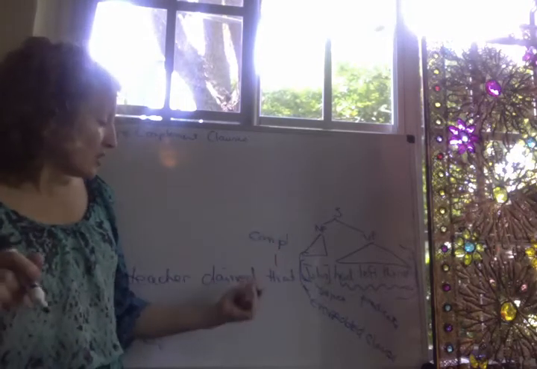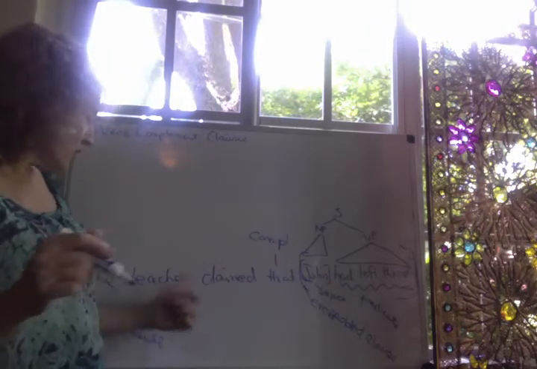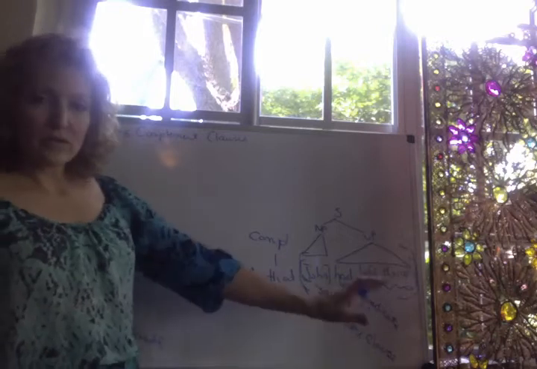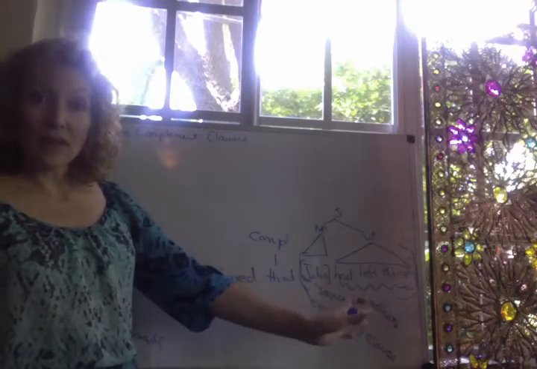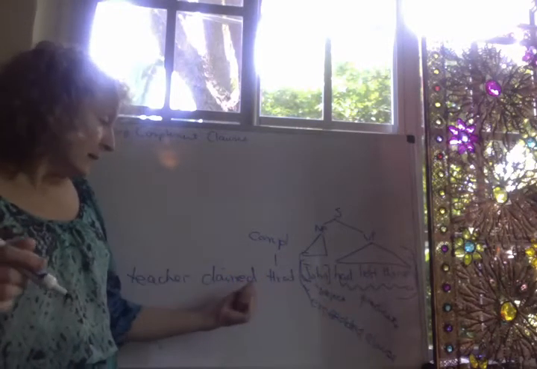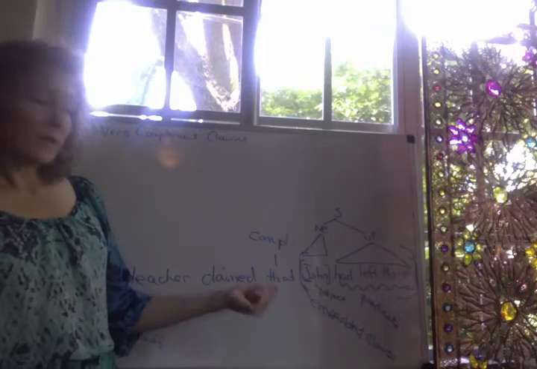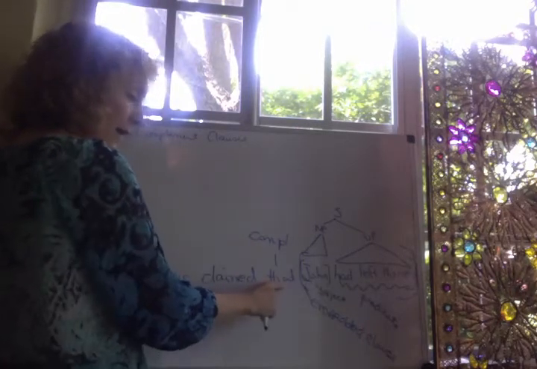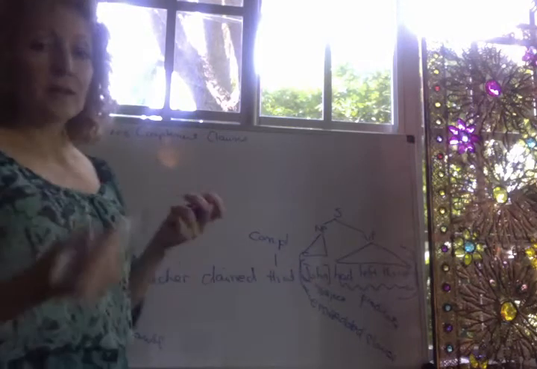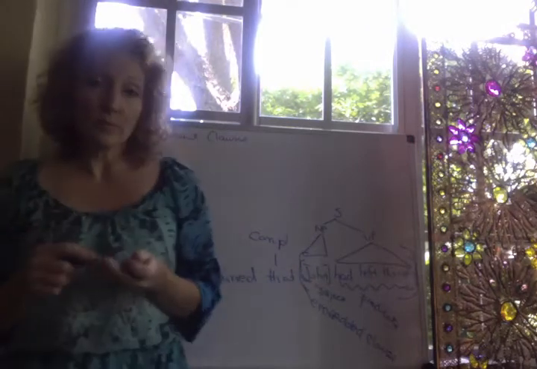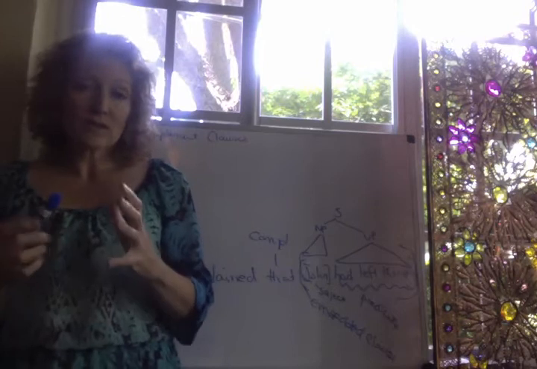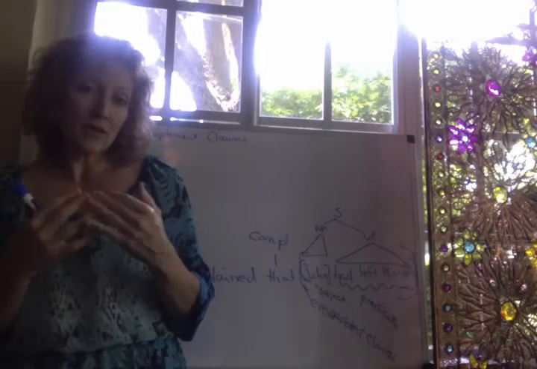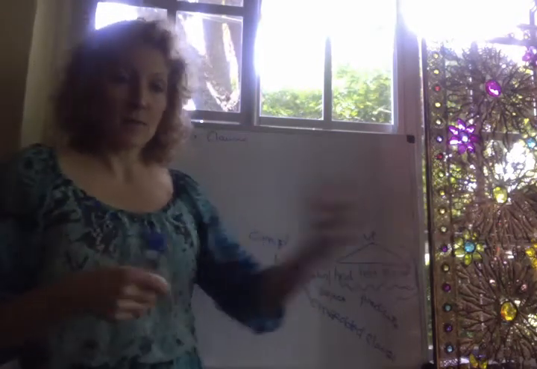Or you could have said, the teacher claimed the truth, or something like that. We would have something other than an embedded clause as the complement to the verb here. So when you have that John had left the room, the word that is introducing the embedded clause, John had left the room. And therefore, it's serving as an indicator that an embedded clause is coming up, basically.